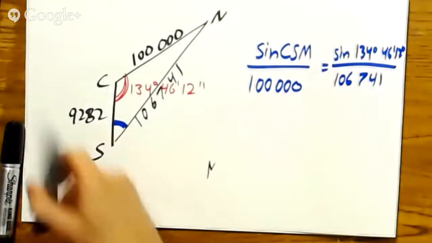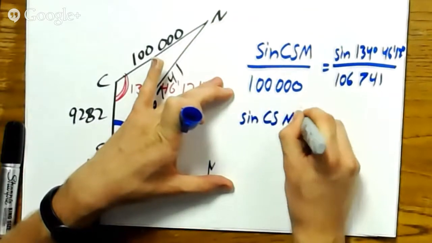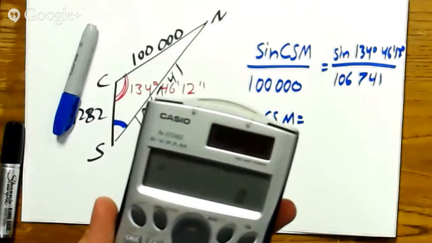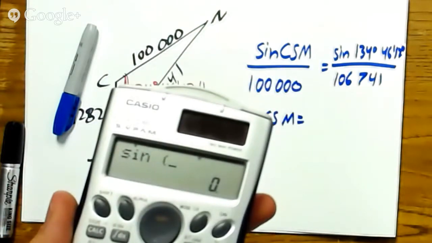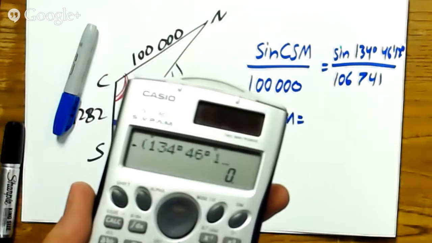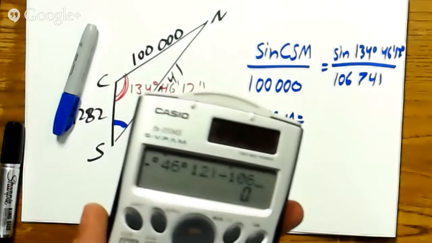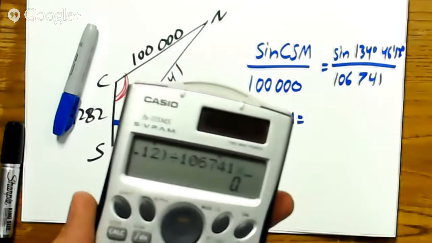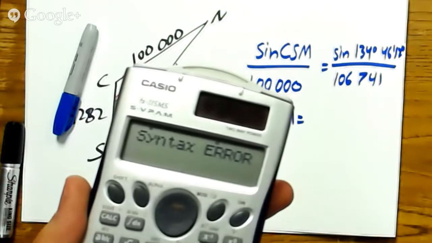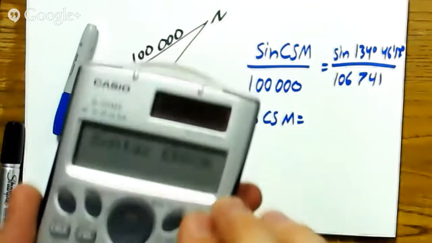So I'll go ahead and do the right-hand side of this. I take the sine of 134, 46, 12. I divide it by 106,741. Multiply it by 100,000. Uh-oh. You're supposed to multiply it first, I think.